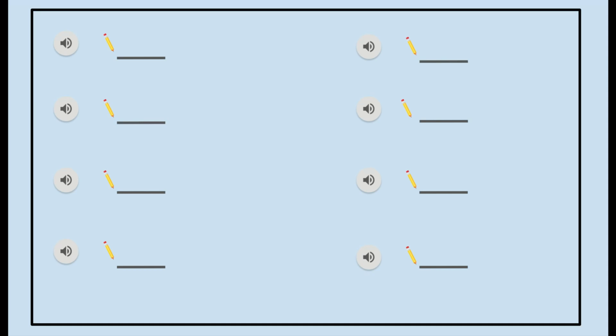Now you will hear 8 sounds. Write the letter that represents the sound that you hear.